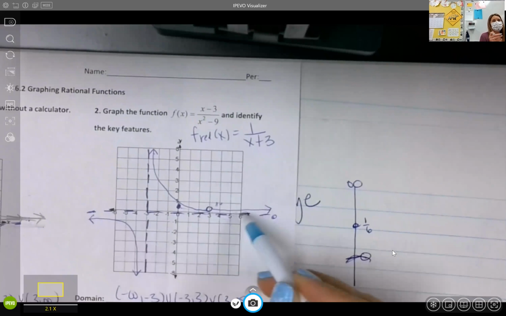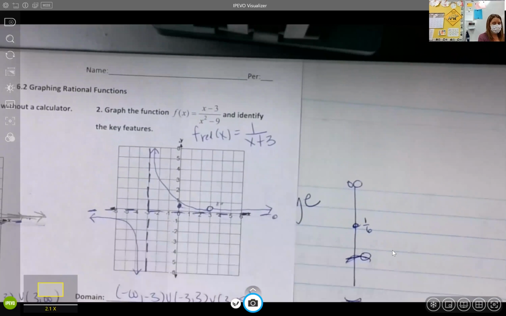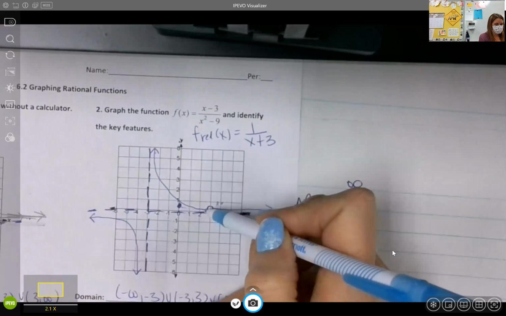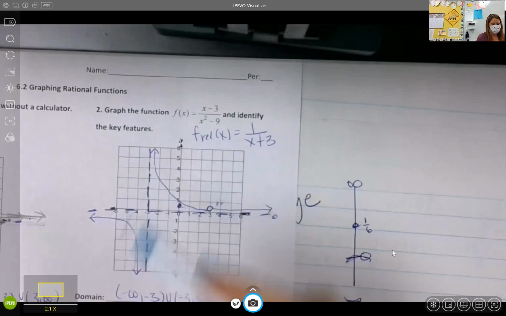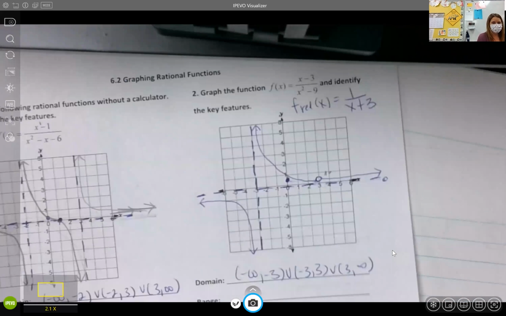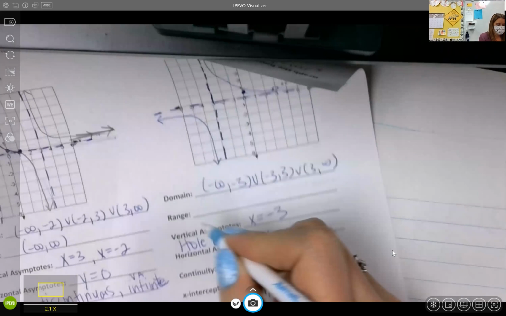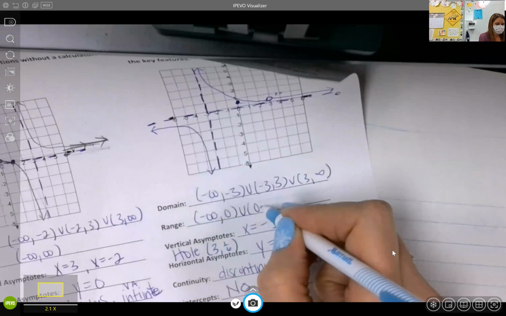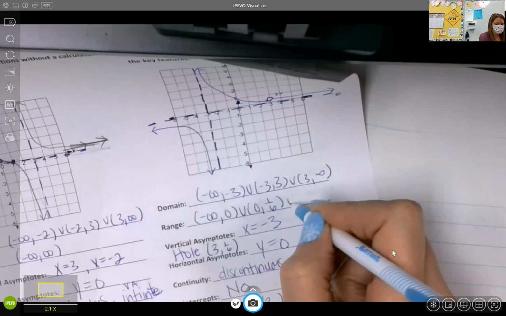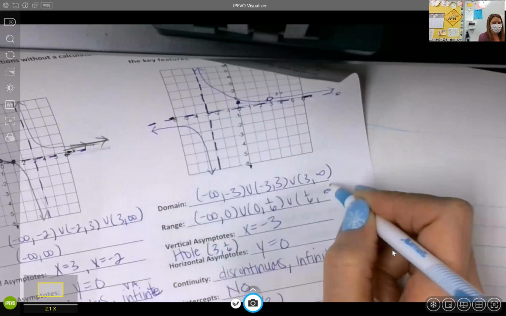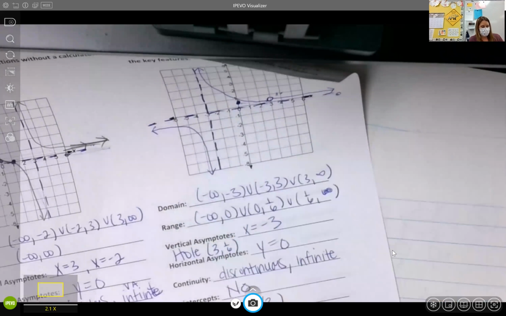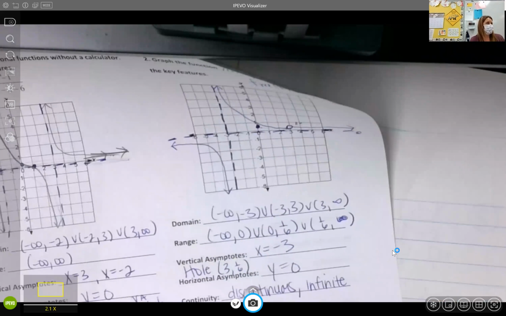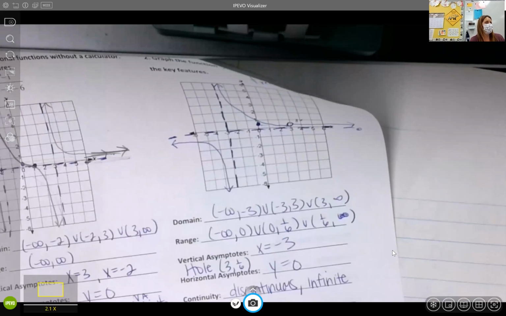So that's why I have to include that 0 to 1/6, and then 1/6 to infinity. Okay? So the range is going to be negative infinity to 0, 0 to 1/6, and then 1/6 to infinity. And that is pretty complicated. Okay? So if you're barely grasping that, that's normal.